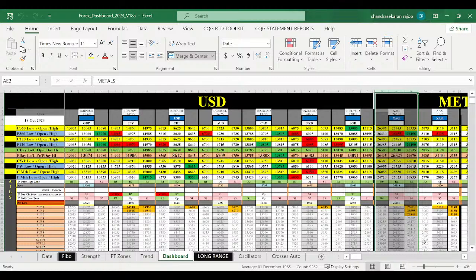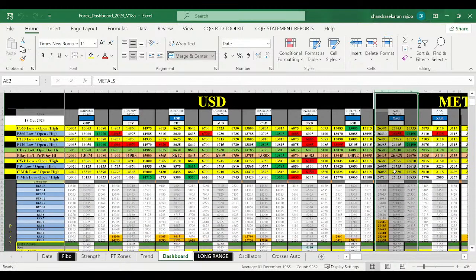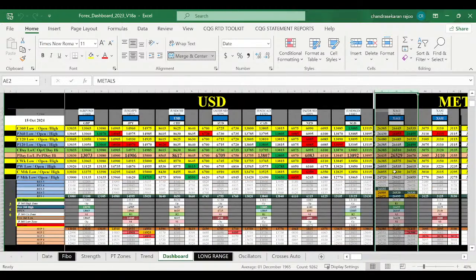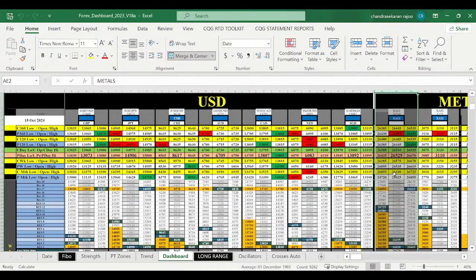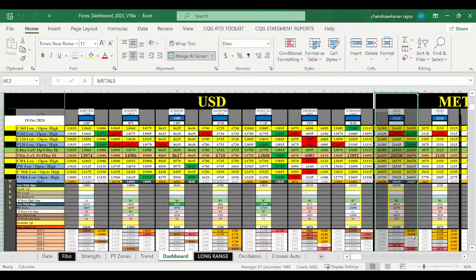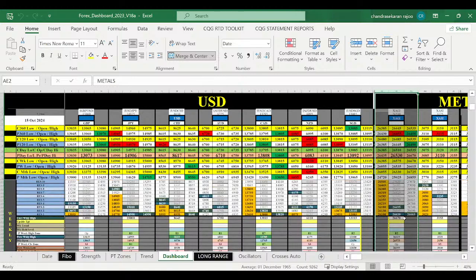So now let's go and see the weekly SR1. Your weekly SR1 is 2656 half. So that tells us that the 2656 might be a strong resistance, 2656. And we have 2664.